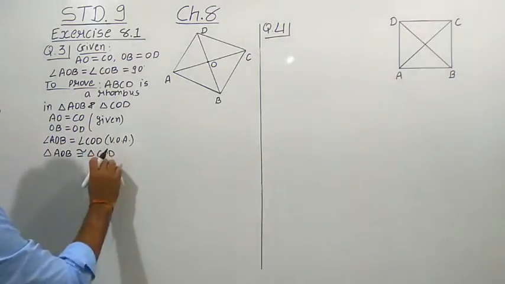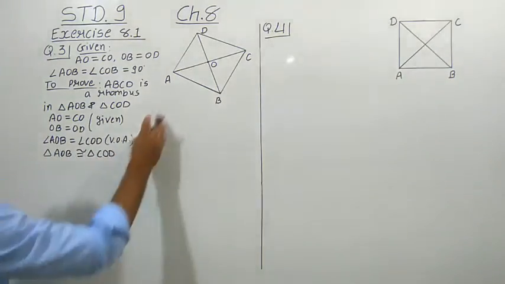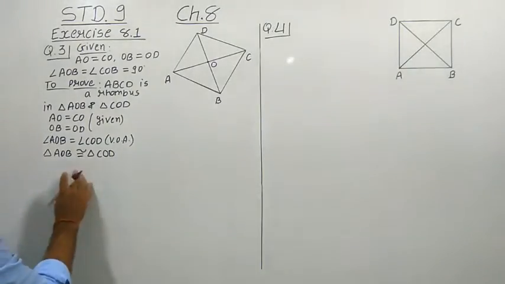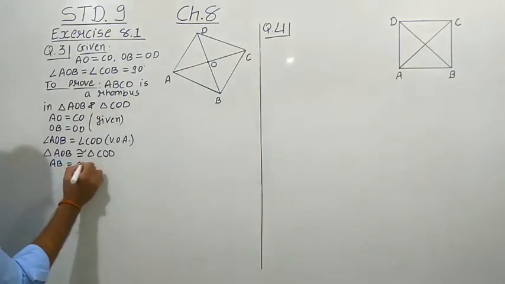Why do we prove that the two triangles are congruent? Because we want to prove that AB and CD are equal. So by CPCT, we can write that AB is equal to CD.